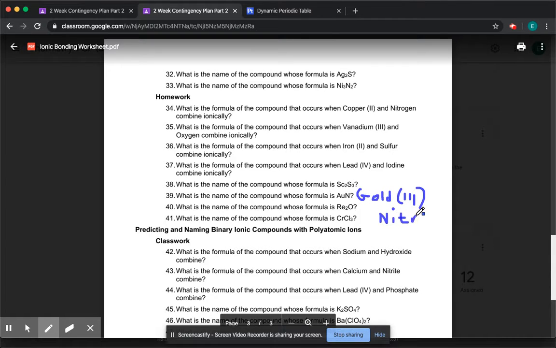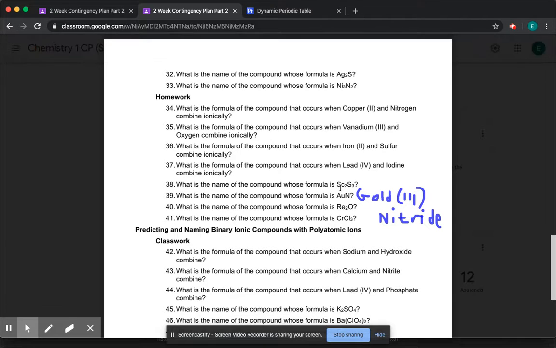Gold 3 nitride would be the name of this one. And I'll do one more. Let's do Sc2S3.